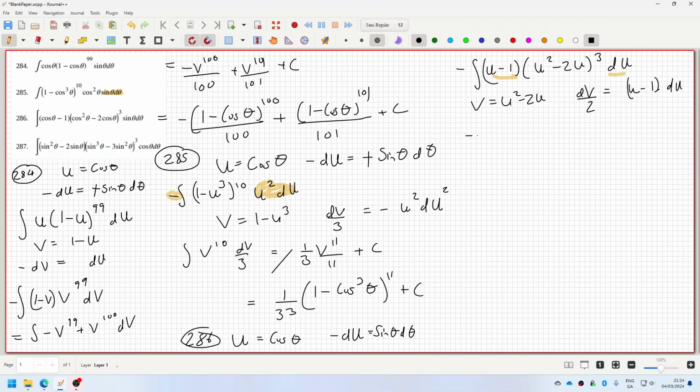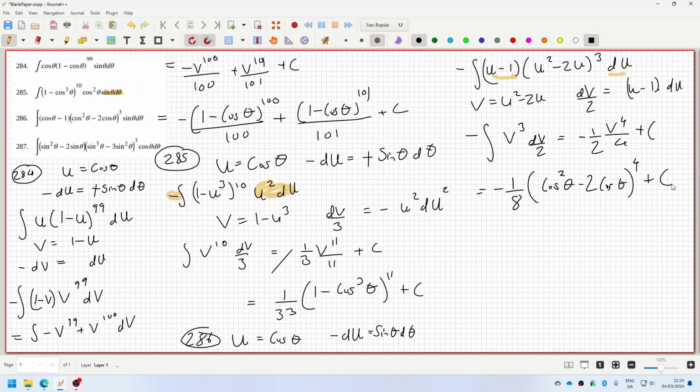So this integration becomes minus integration of v cubed dv over 2. So that would equal minus a half v power 4 over 4 plus c, which equals minus 1 over 8 v, which is u squared. So that's cos squared theta minus 2 cos theta power 4 plus c.